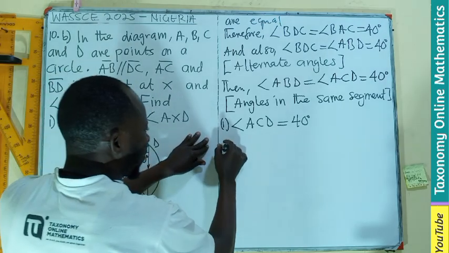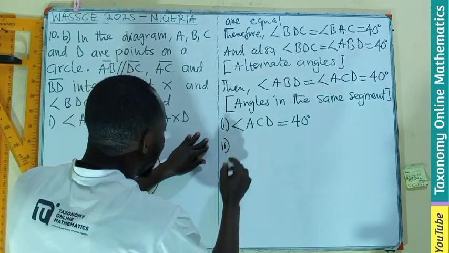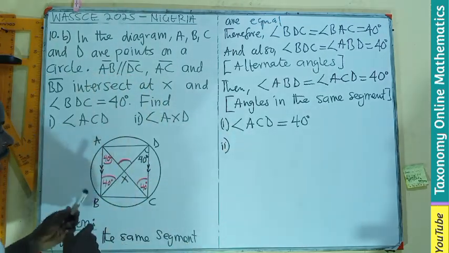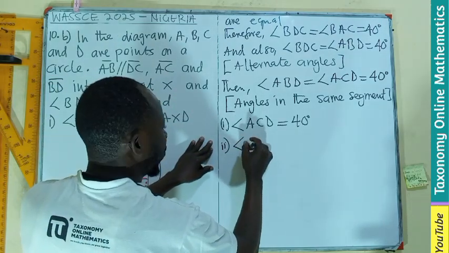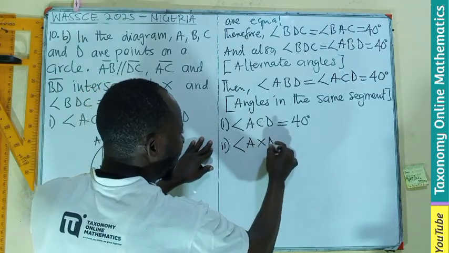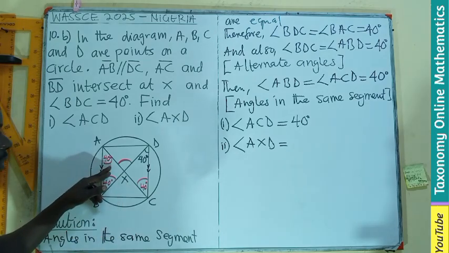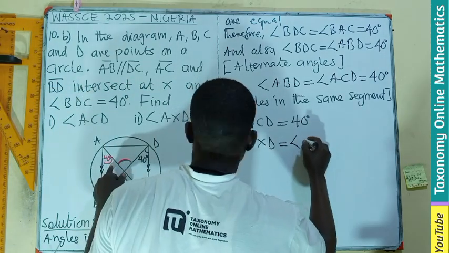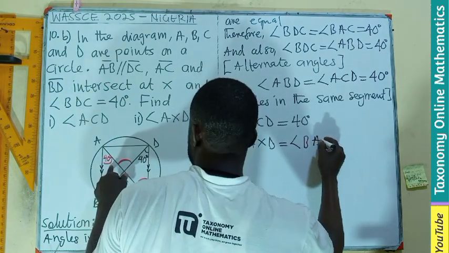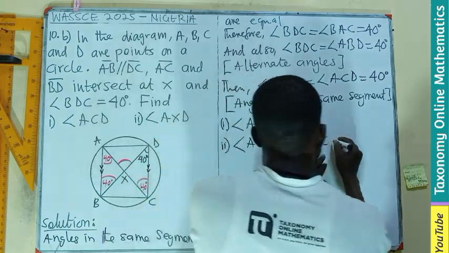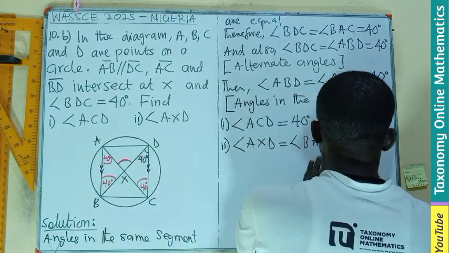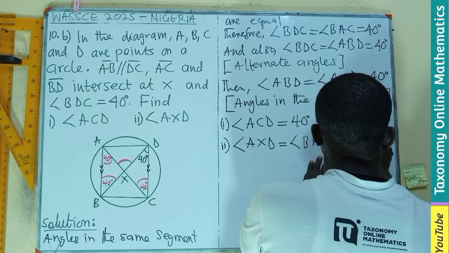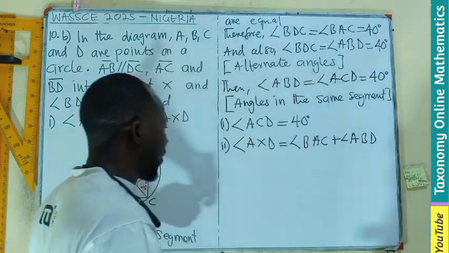Then the second part. Since I'm looking for this, I can say that the angle I am looking for, AXD, equals the angle BAC plus this angle, which is ABD.